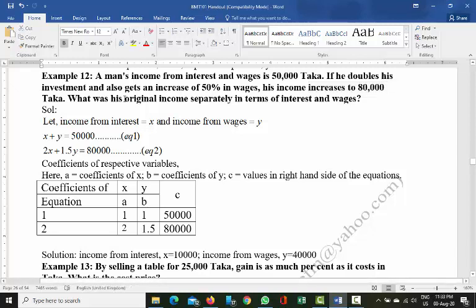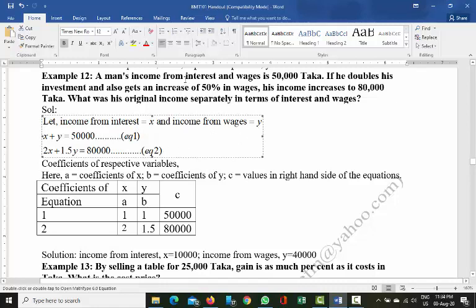So what was his original income separately in terms of interest and wages? So let income from interest be x and income from wages be y. Suppose we are assuming that income from interest is x and income from wages is y.